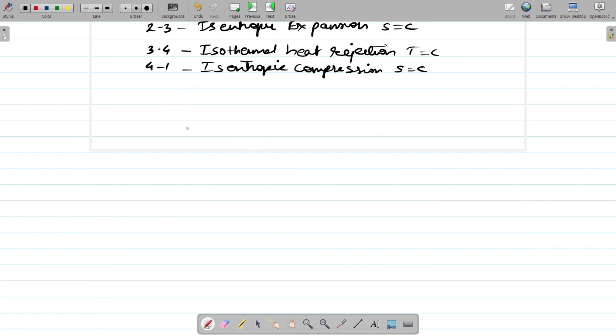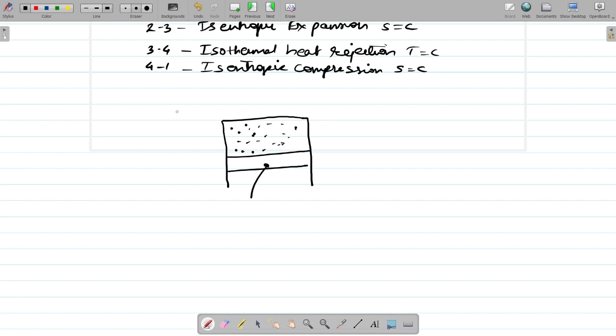Now while working this out, we will consider one arrangement of the system which is working here. This is one piston cylinder arrangement, which has gases filled inside it. Working medium is not given in the Carnot cycle, so we will say this is the substance which is working.